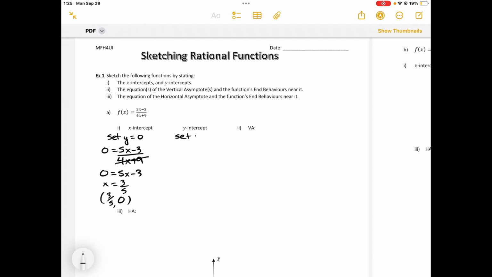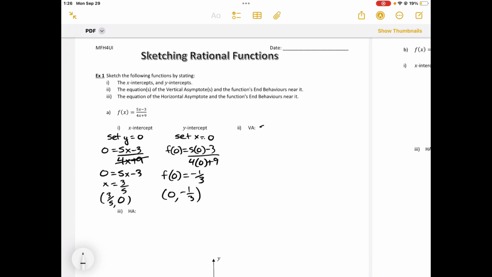The next thing I'm going to do is find the y-intercept, so I'm going to set x equal to 0, which means that I'm plugging in 0 where the x is, and I'm going to evaluate it. Here I'm going to get a value of minus 3 over 9, which is the same as minus a third, which means that my y-intercept is (0, minus a third).